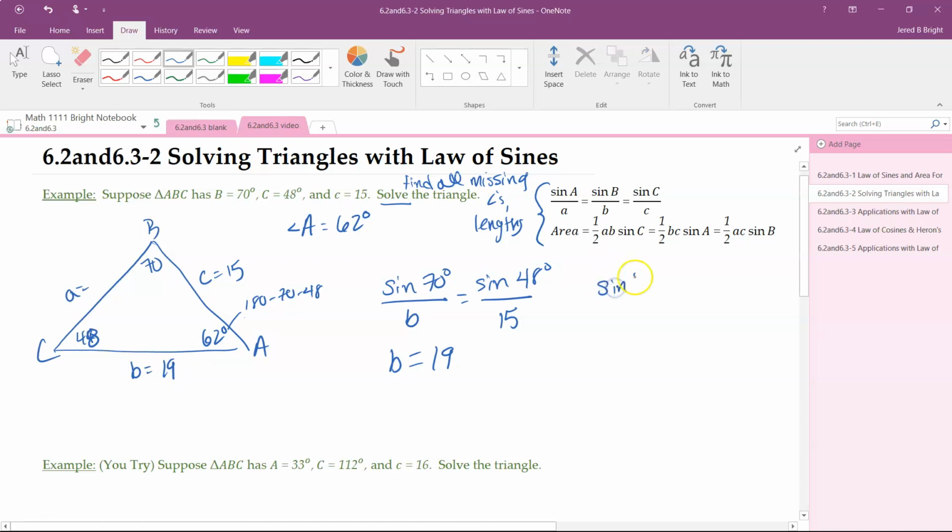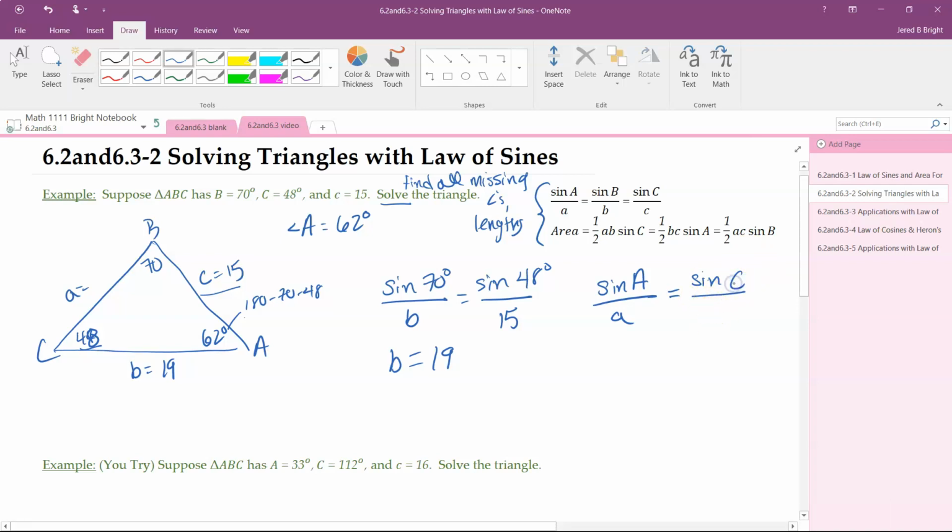I still need to find a, so let's do a similar setup. I'm going to do sine of A over its side length a, and it really doesn't matter, but I like to use the known information, so I continually go back to what I already know: sine of C over side length c.